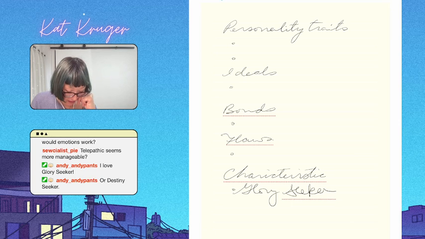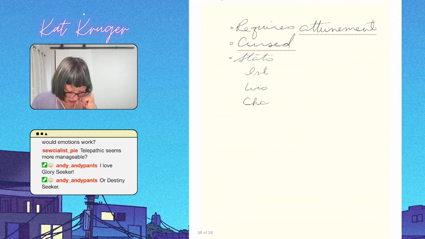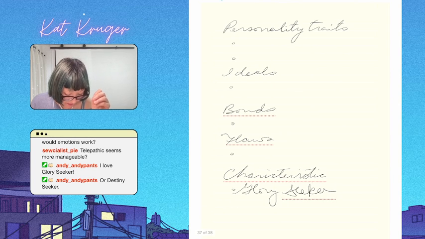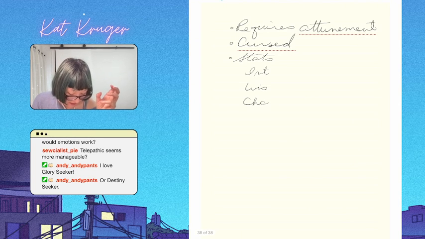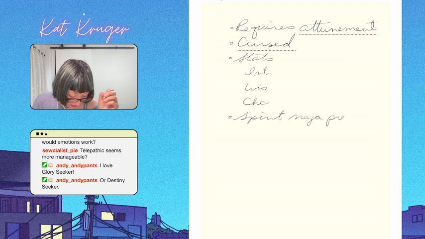And the more I'm thinking about this, the more I think it's actually going to be not just a snake, it's going to be a naga. So I'm going to put in here that it is a spirit naga presence.